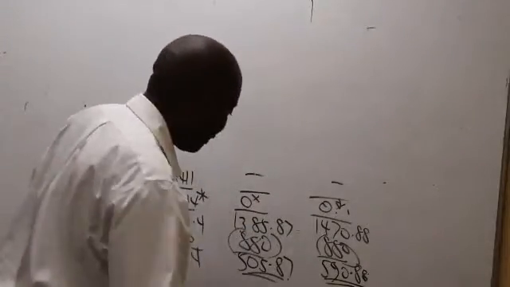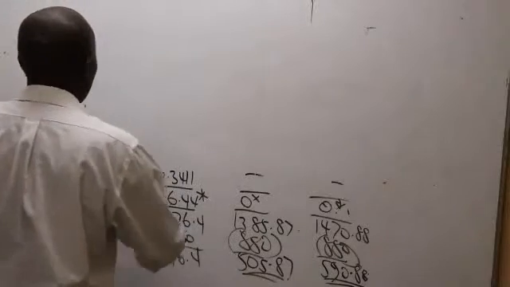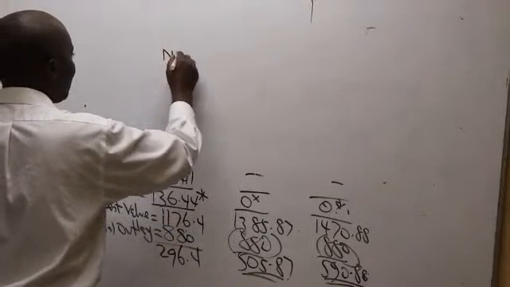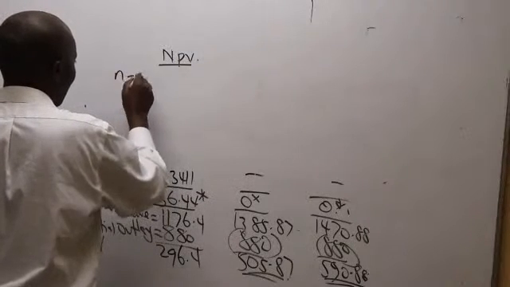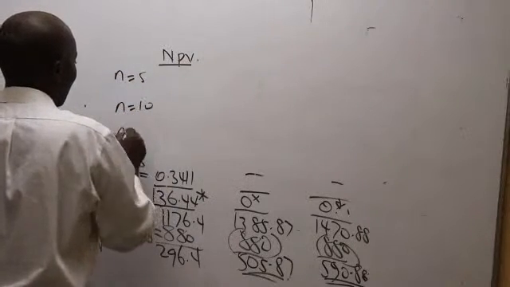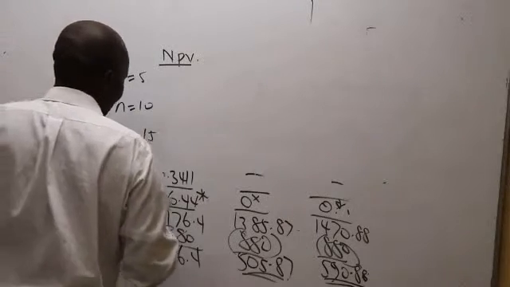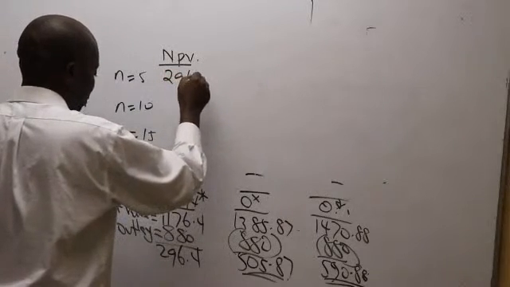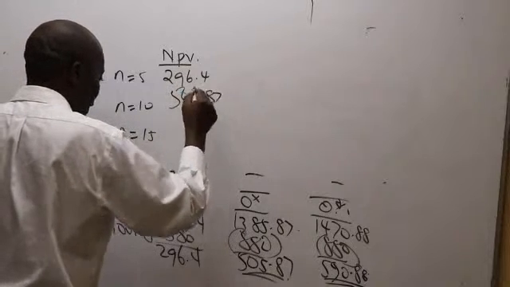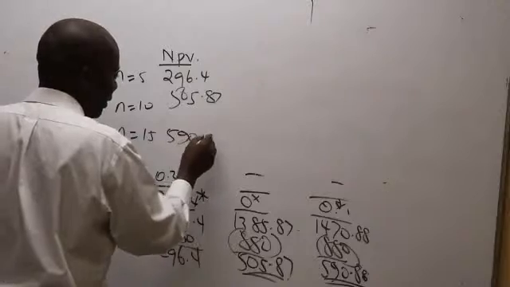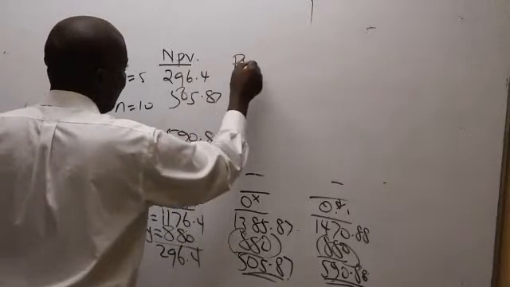So then, ladies and gentlemen, I have my net present values here. When n is 5, when n is 10, and when n is 15, this is 296.4, this is 505.87, this is 590.88, multiplied by the probabilities.